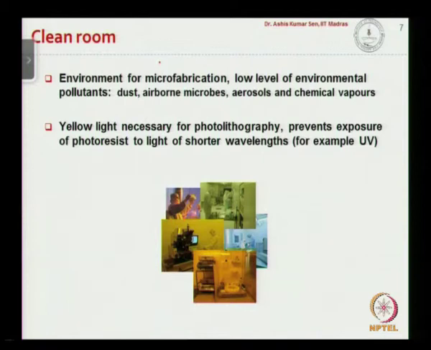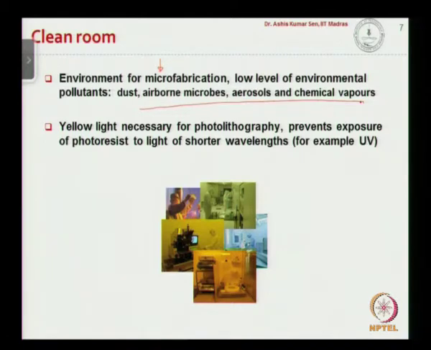Clean room is the environment for microfabrication where the level of environmental pollutants is very low. When we talk about environmental pollutants, we talk about dust, airborne microbes, aerosols and chemical vapors. These pollutants are very low in a suitable environment that we call a clean room.